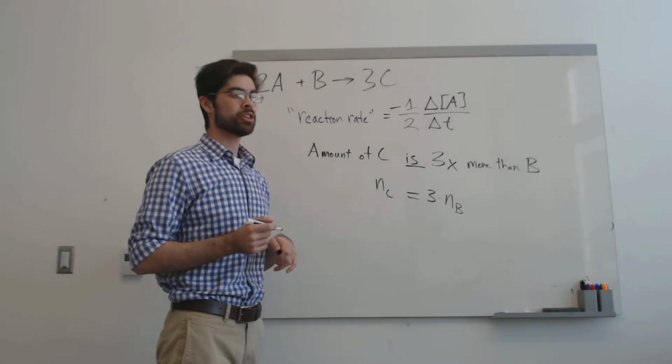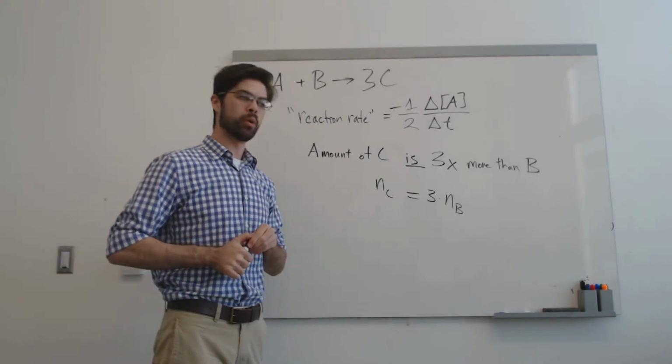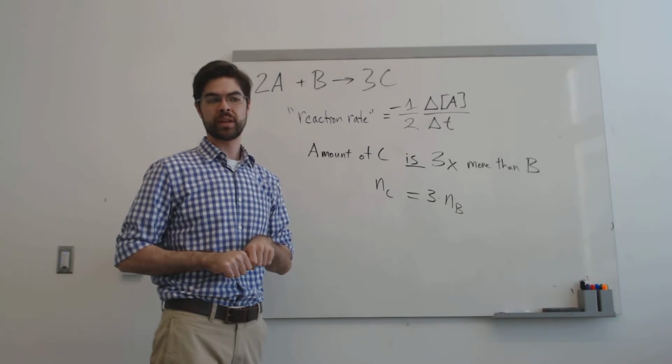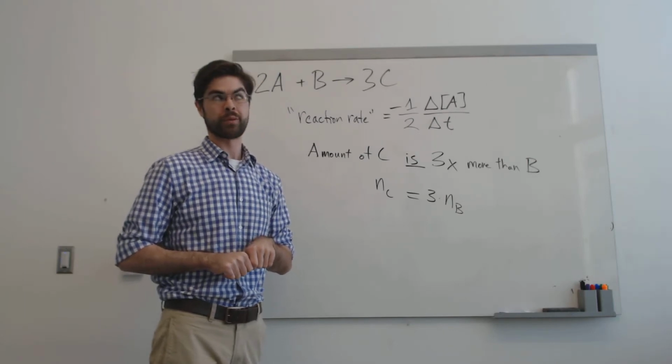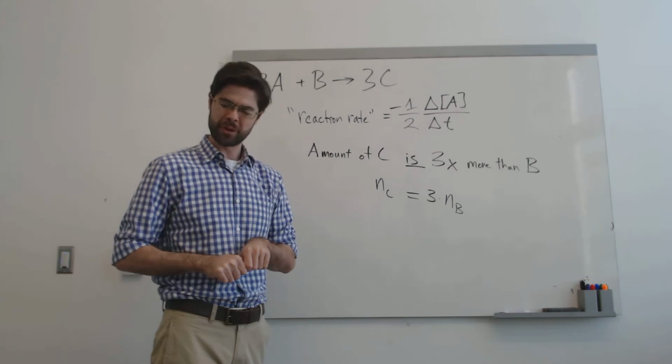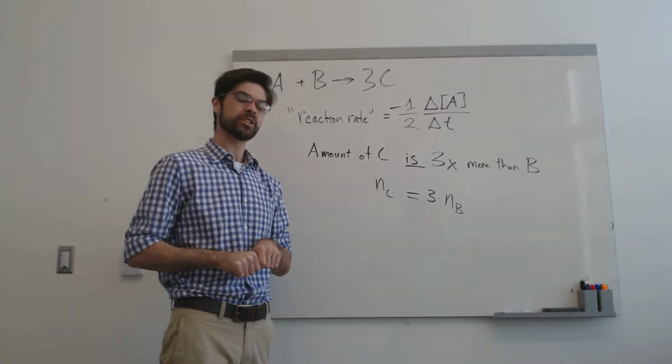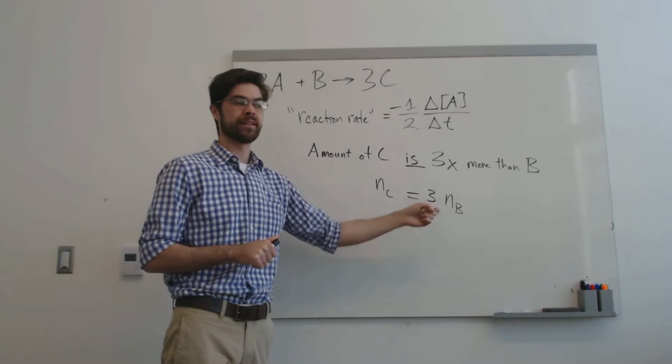I get 3 carbons for every mole of B. If I start with 3 moles of B, I end up with 9 moles of C. So C is 3 times larger than B.